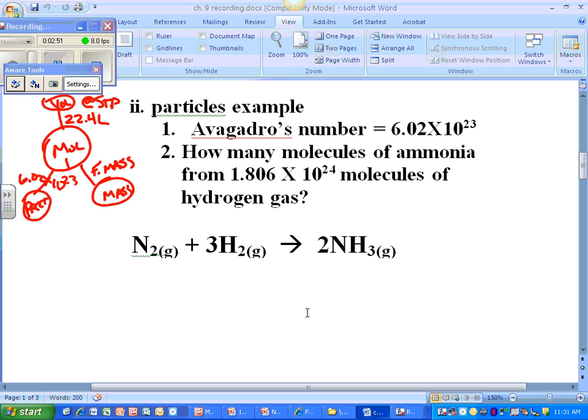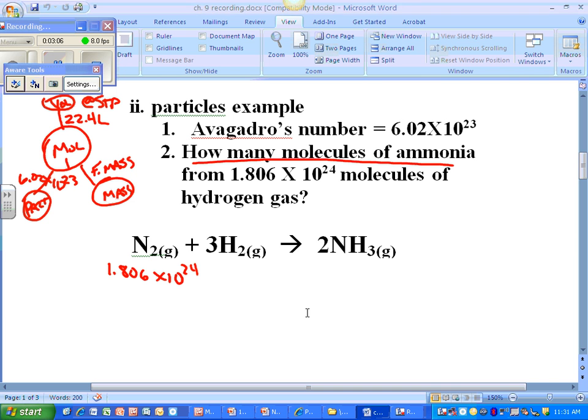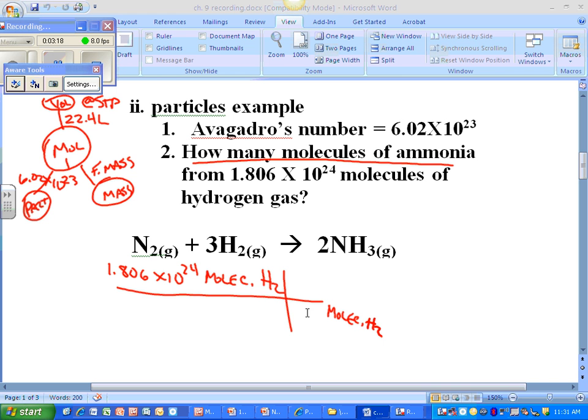Now, in this problem, we're going to take a look at how many molecules of ammonia we get from reacting nitrogen, as much as we want, really, with 1.806 times 10 to the 24th molecules of hydrogen. Make sure you're labeling everything here. It's going to get really confusing for you real quick if you don't. Now, I need to go from molecules of hydrogen into moles.